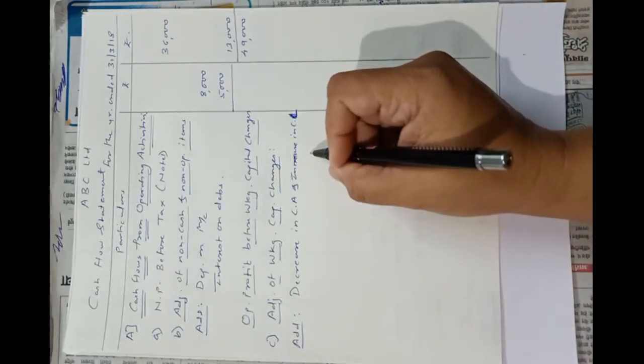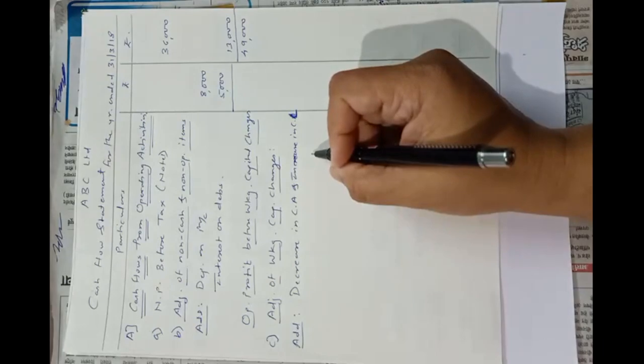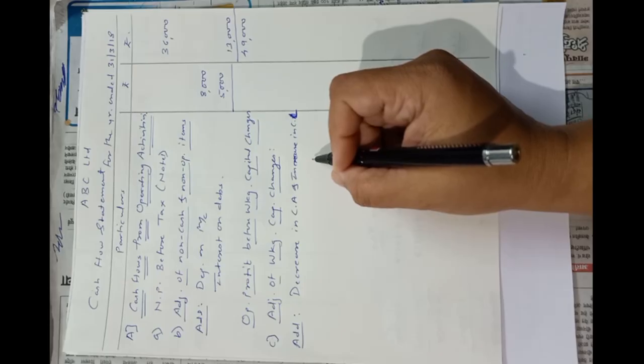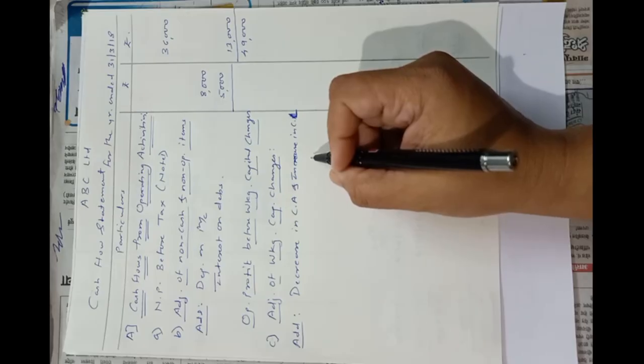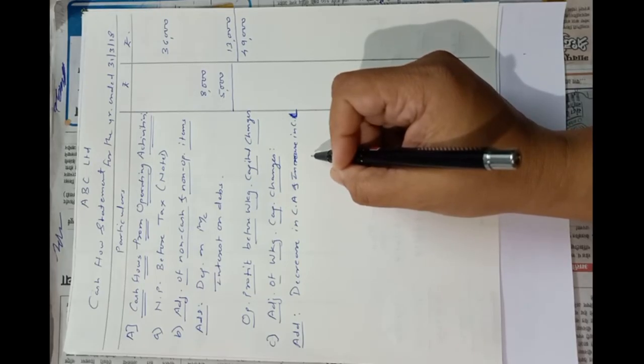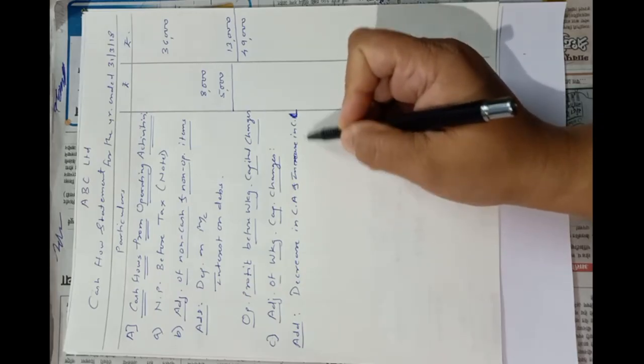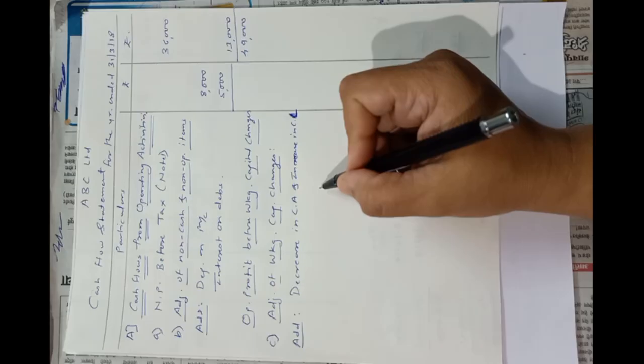Now see whether there is increase in current liability or what. See the current liabilities. In current liabilities, trade payables, and in trade payables note is given sundry creditors and bills payable. Okay, in sundry creditors there is increase in current liability, and in bills payable there is decrease.